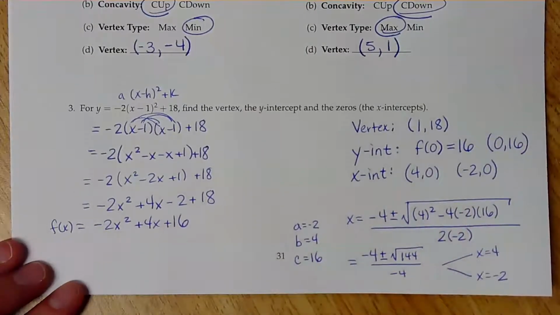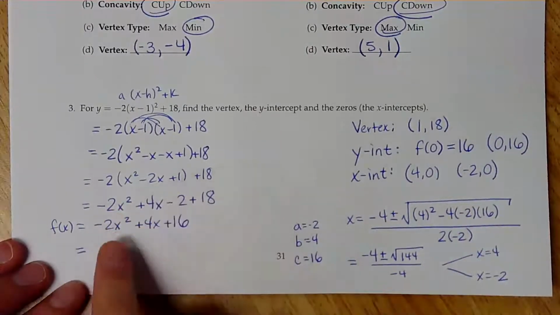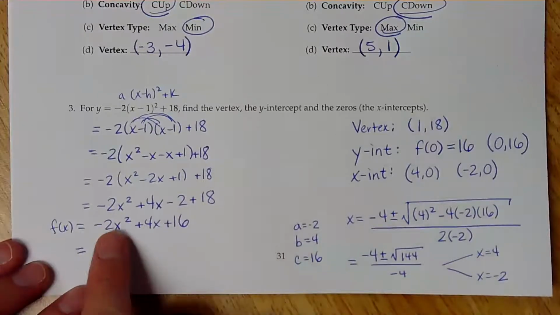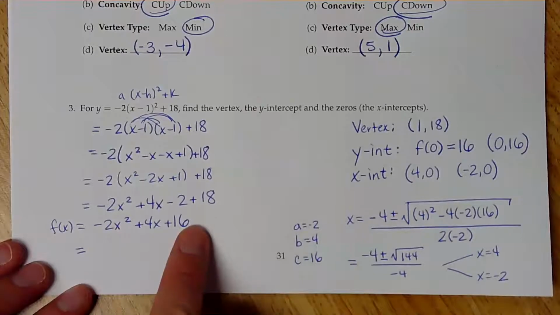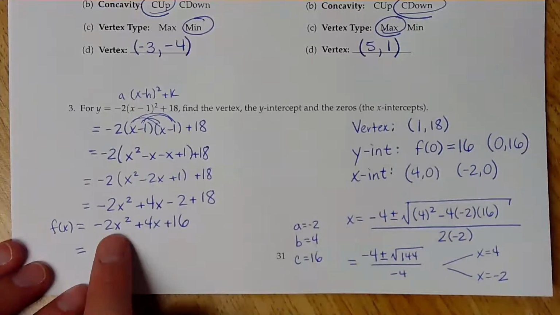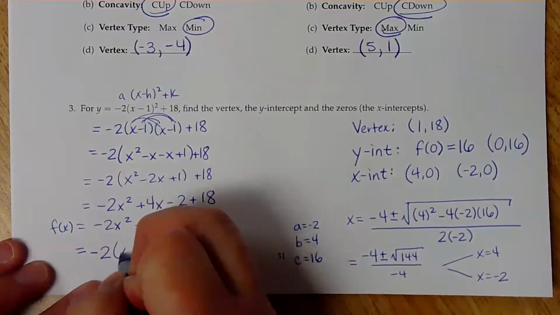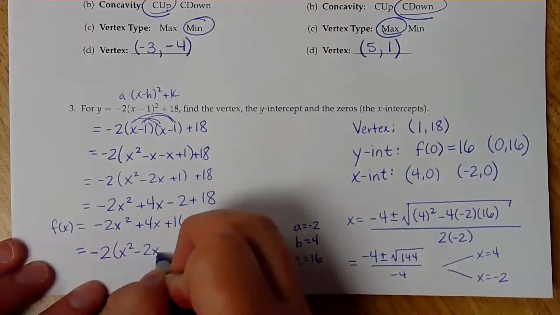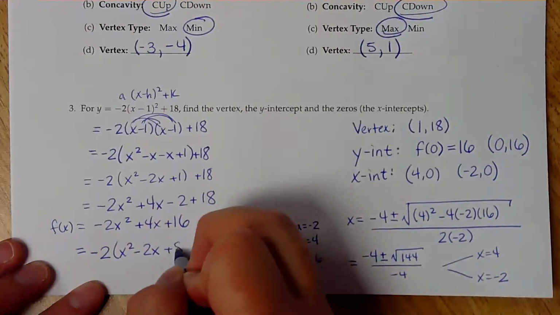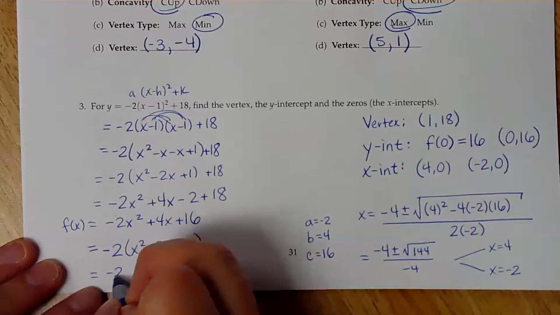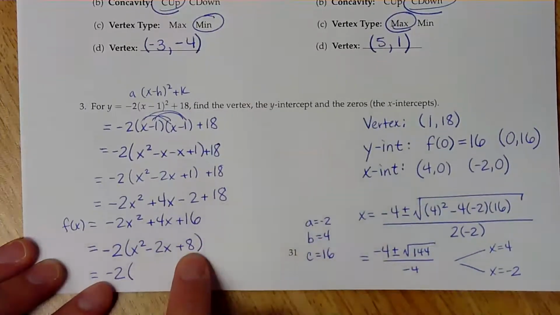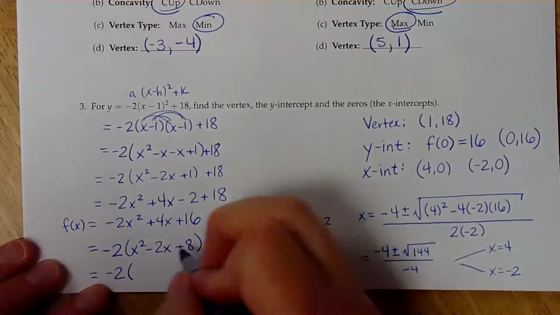Okay, and then if you're interested in how that factoring works out, remember, it's more work to factor if there isn't a 1 in front of the x squared. As I look across, I realize that these are all divisible by 2. So I can factor out a -2, or in other words, divide each one of these terms by -2. That gives me x squared minus 2x plus 8. And that is -2. So 8 is, oh, that's a -8, sorry.